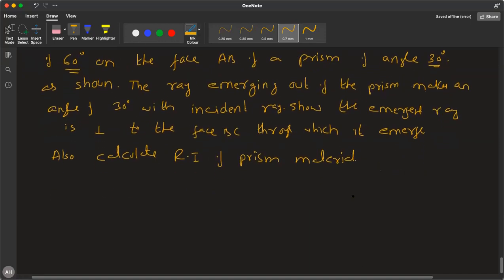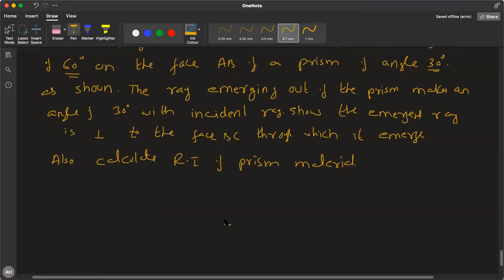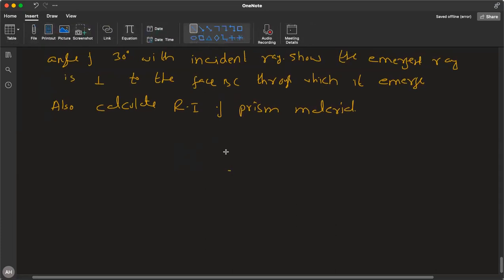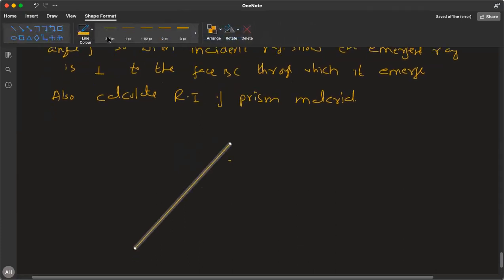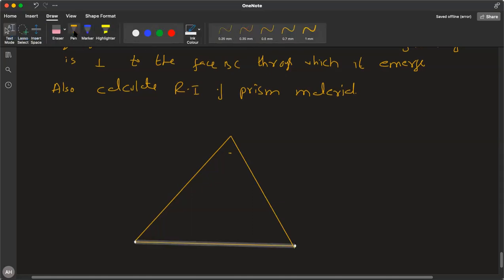So this is the given figure. So this is the prism. This is the angle of prism, 30 degrees.